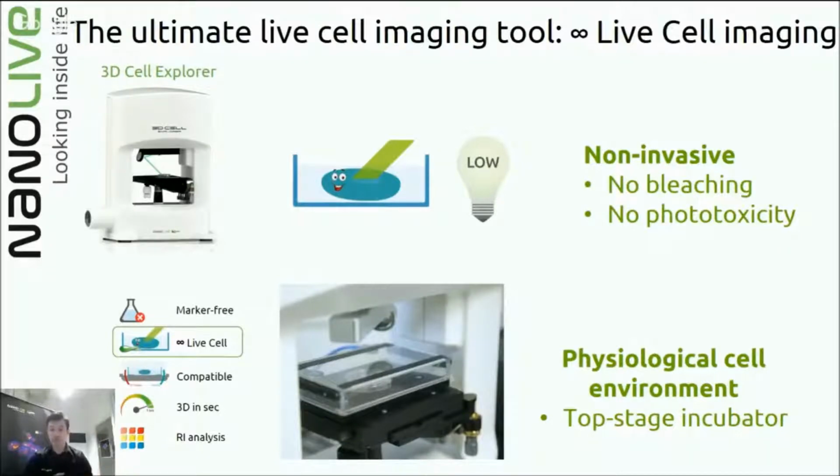This allows you to run experiments lasting hours, days, or even weeks. Last time we tried this top stage incubator, we ran out of CO2 before having any problem with the experiment. All this is available now.